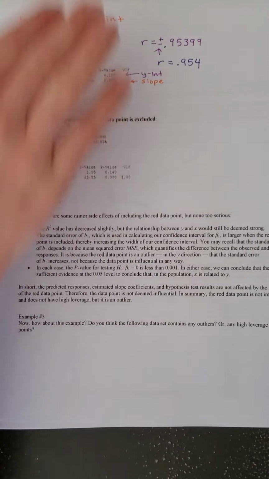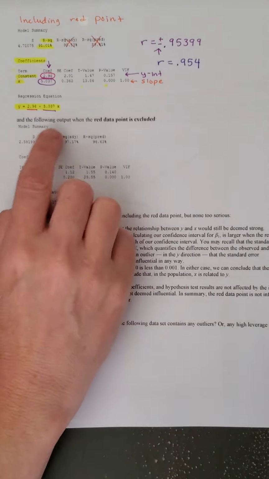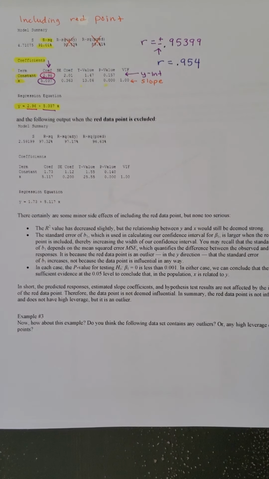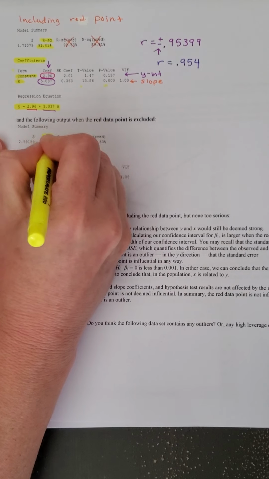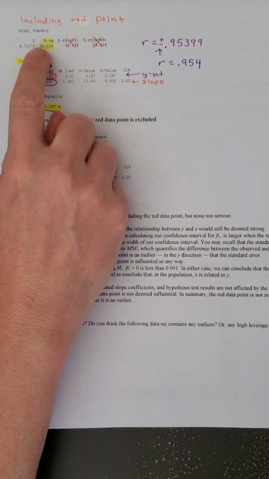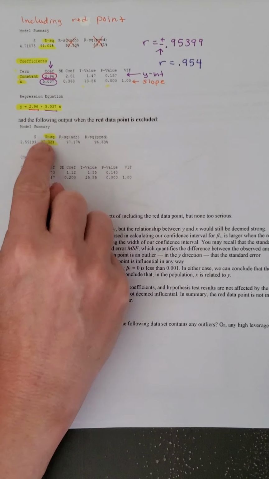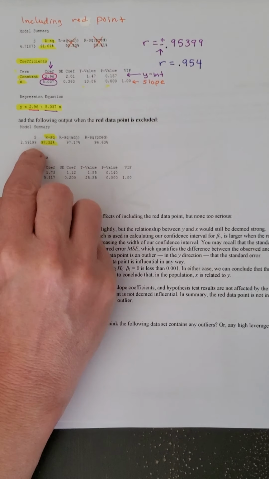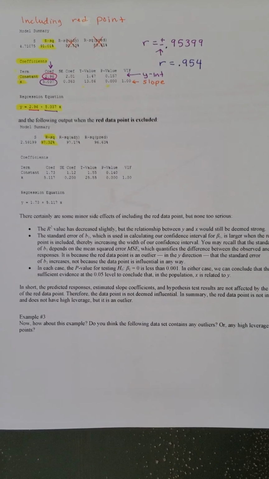All right. Okay, so the next one, with the red data point excluded, we see our r squared value does increase, right? R squared went from 0.91 to 0.97, or from 91% correlated to 97%, which also will change our r value.